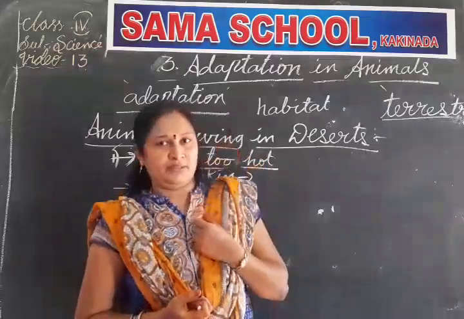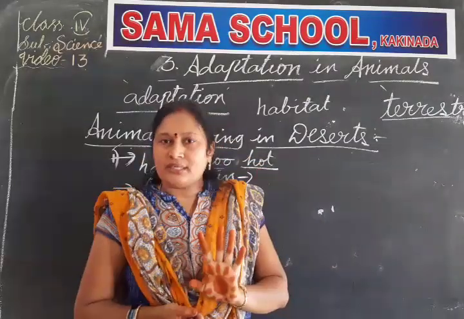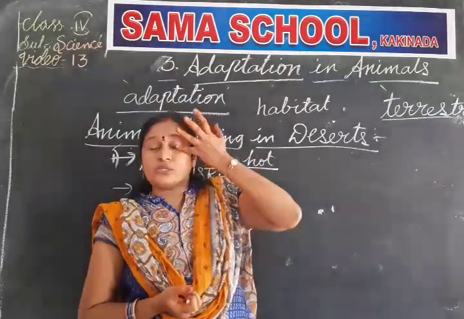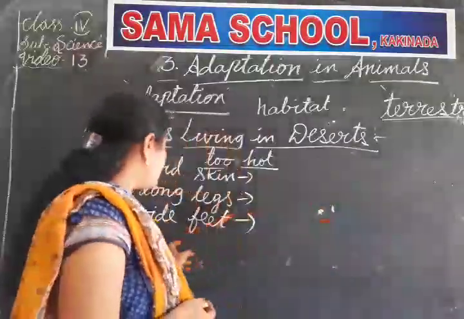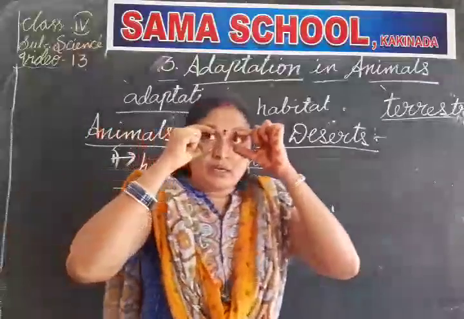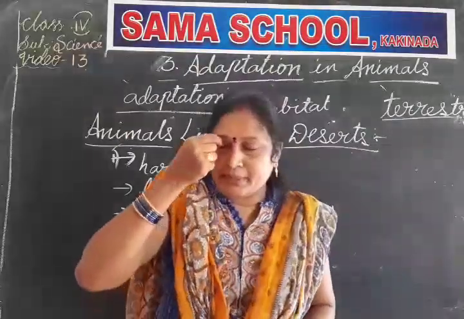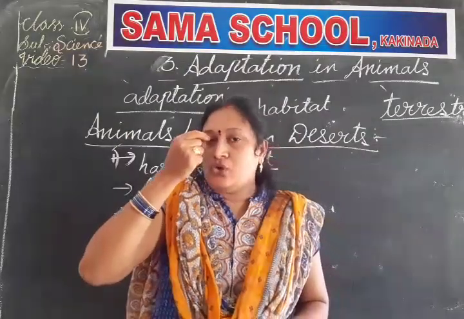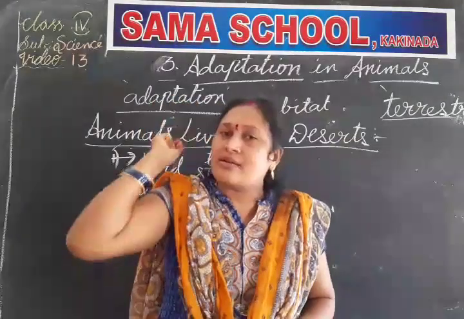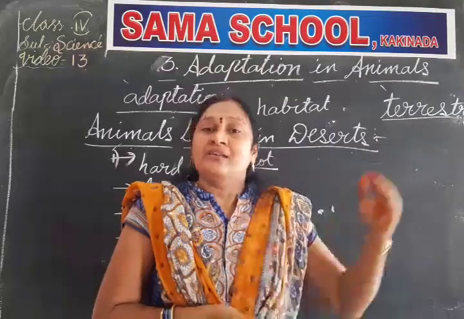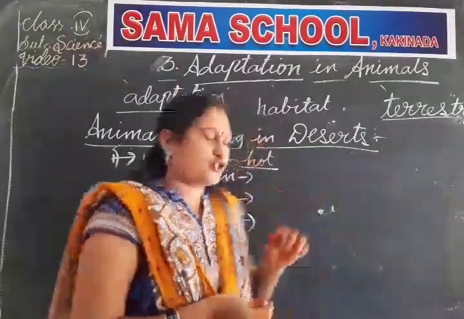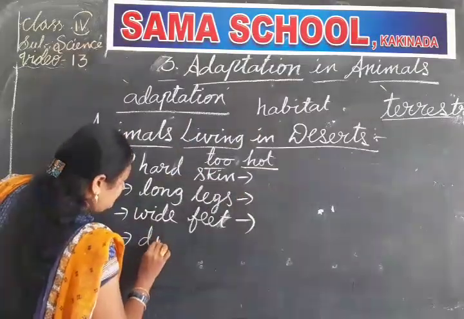In the desert, not only dust particles, the sand also gets in our eyes. For that, the camel has a double layer eyelid. Eyelid means this is the eyelid. So the camel has one more extra eyelid to protect from the sand storms. So, double eyelids.